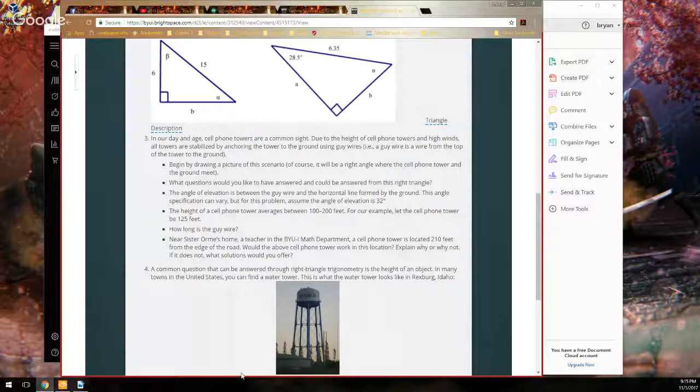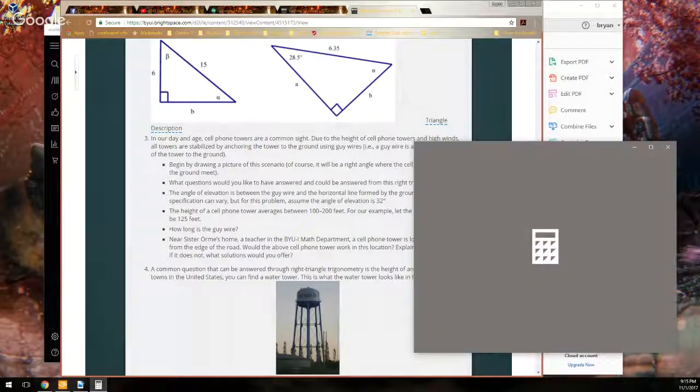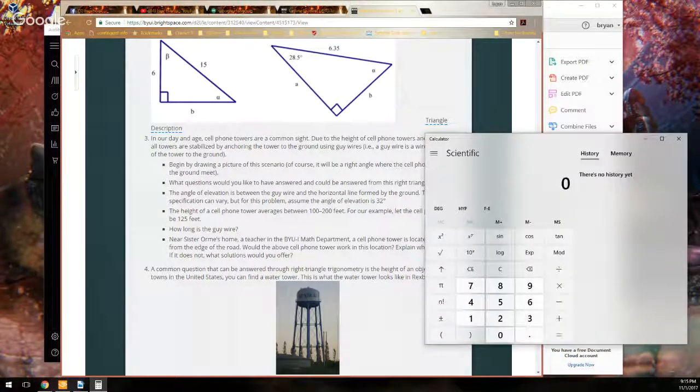So you're left with x. It's about 200 feet.